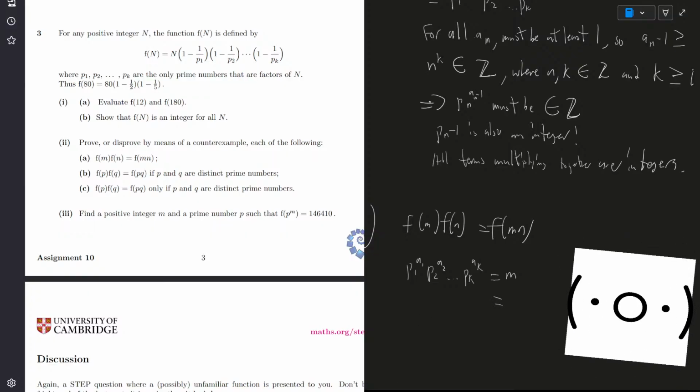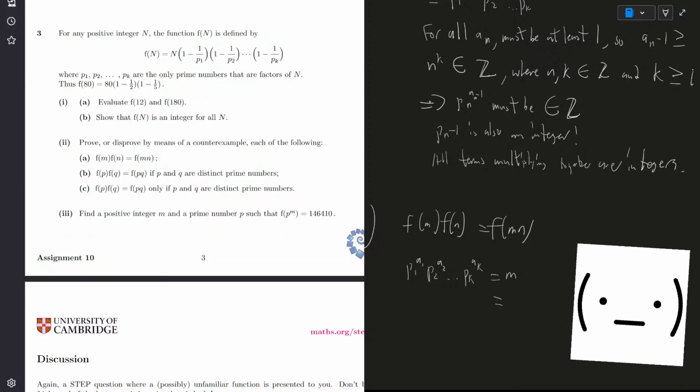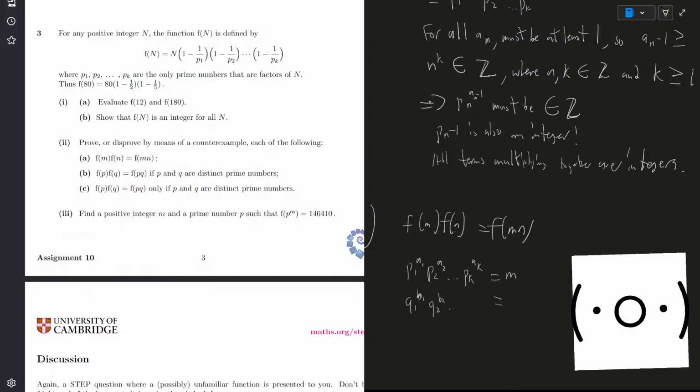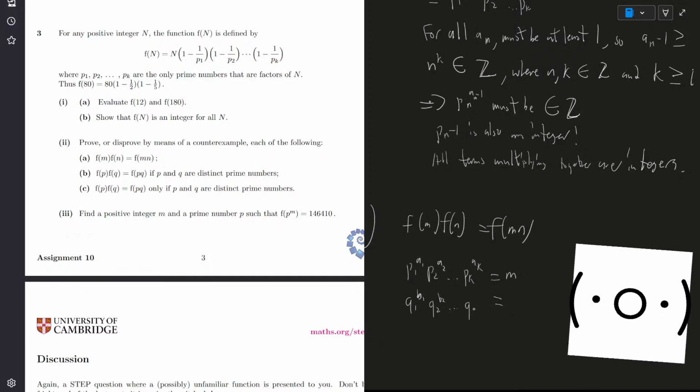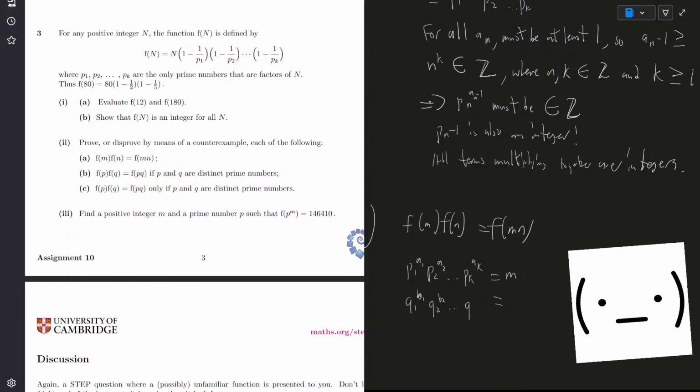Well, let's use q: q1, b1, q2, b2, all the way up to b. No, q. It can't be j.